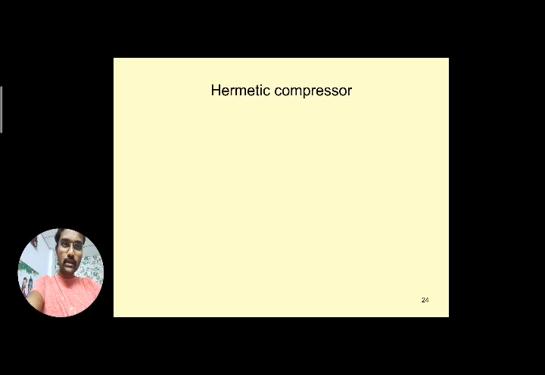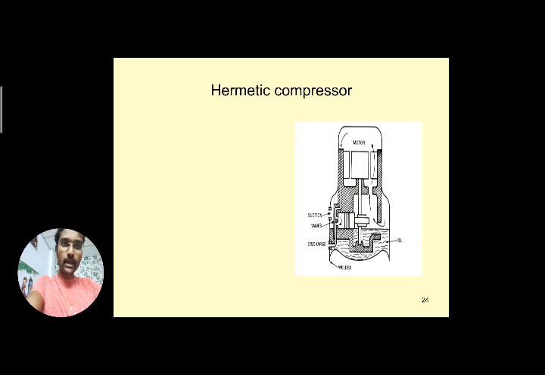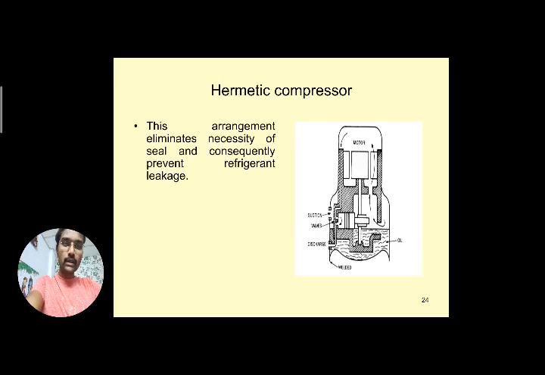These are the only connections on the outside of this hermetic compressor, and everything else is closed. This arrangement eliminates the necessity of seals and consequently prevents refrigerant leakages. It acts like a single unit with complete sealing, so no leakages take place, and no other seals can be seen.